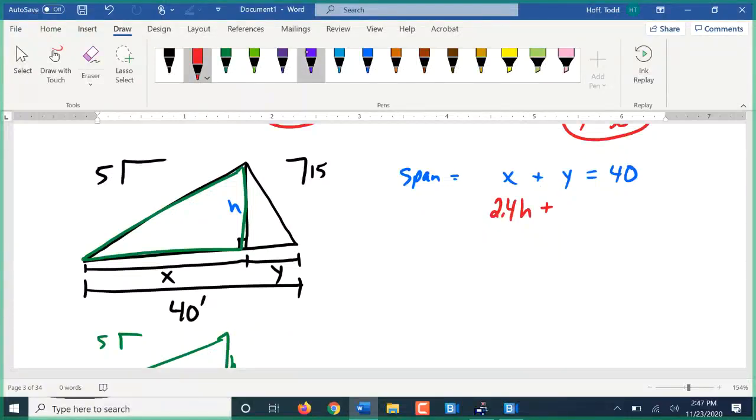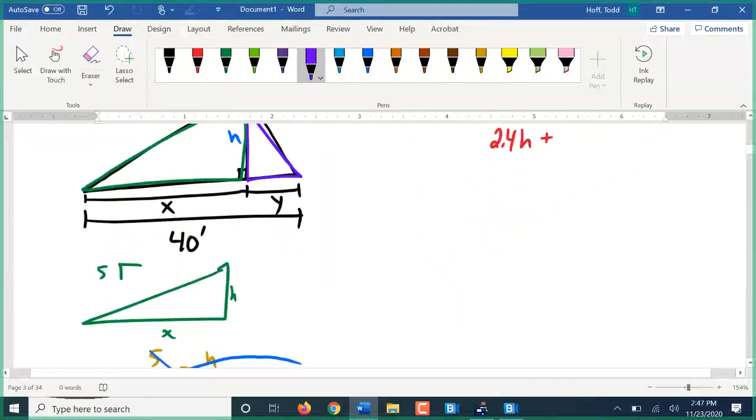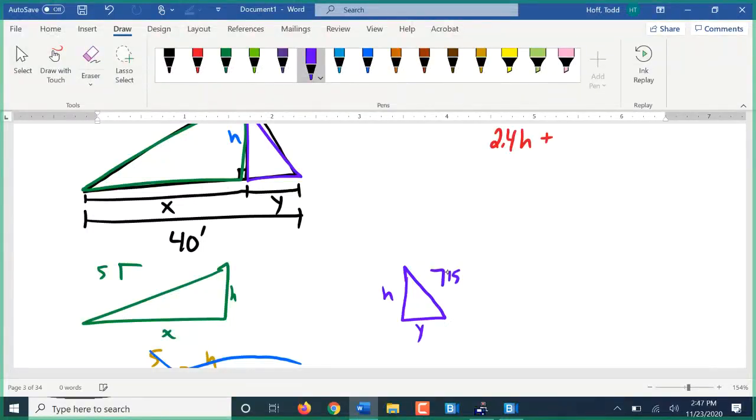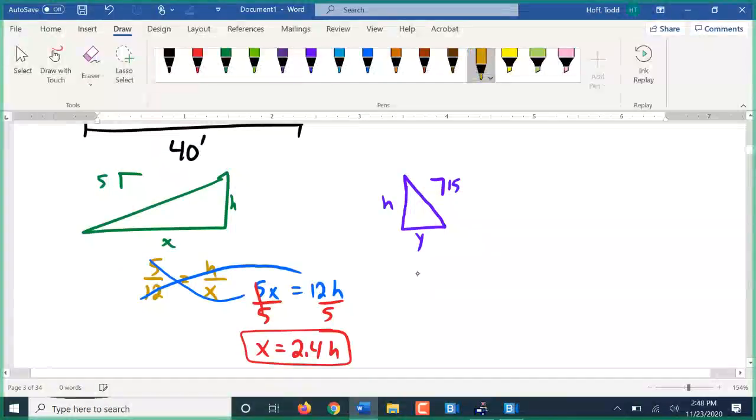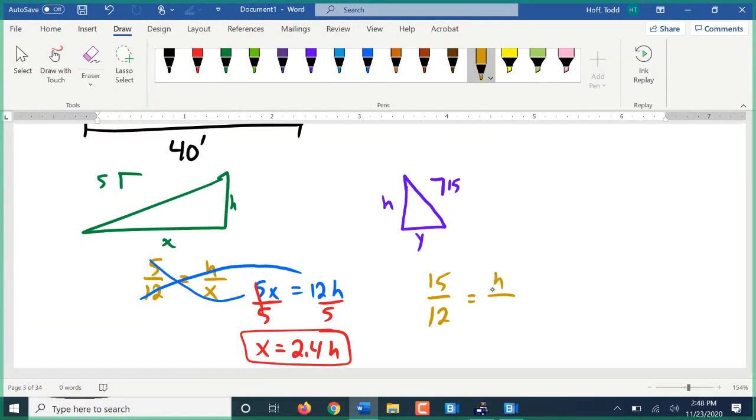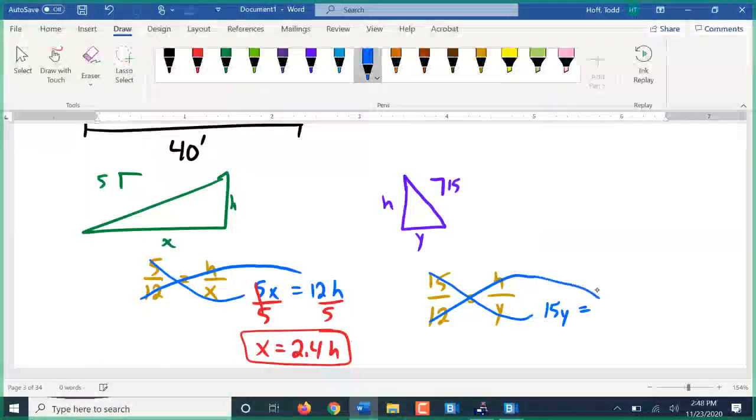Now let's do the same for the other side to find y. For that triangle, we have run of y, rise of h, and that's a 15/12 slope. So a slope of 15/12 equals a rise of h over a run of y. We'll cross multiply. 15 times y is 15y, equals 12 times h is 12h.